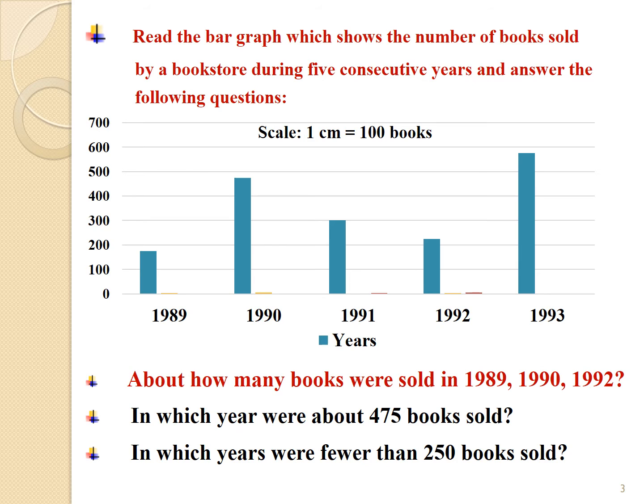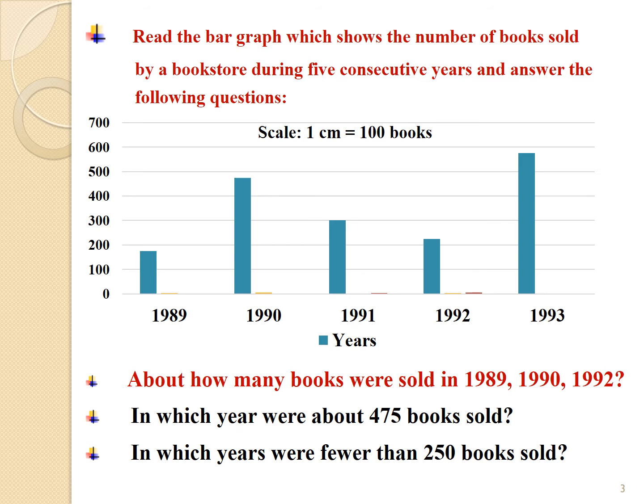Students, look at the bar of the year 1989. The bar does not touch the mark 100 or 200. It lies between 100 and 200. Even the bar does not touch 150. The bar touches the mark more than 150 but less than 200.